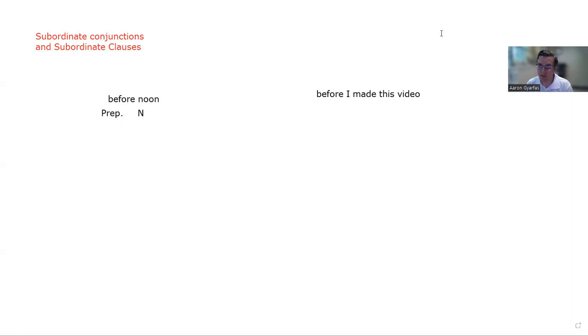We're interested in before when it's the head of a clause. So we want to look at this situation here, when I have an entire subject-verb clause after that word: before, after, when, while, because, if, although, even though, all of those subordinate conjunctions.